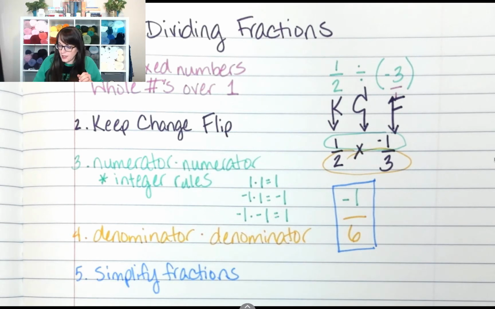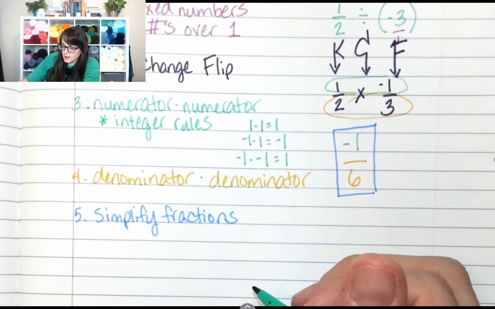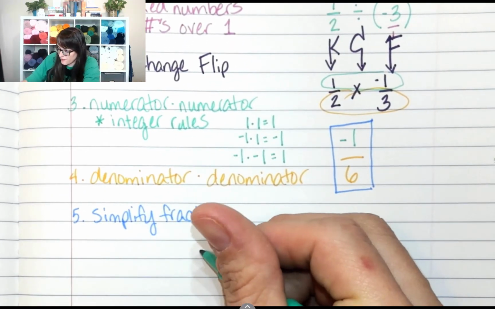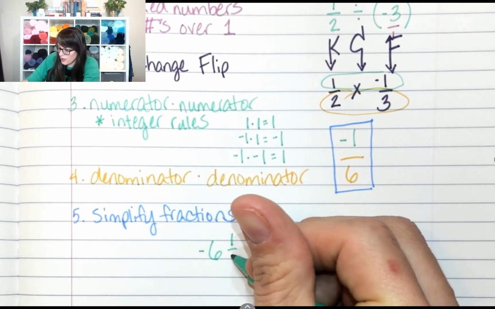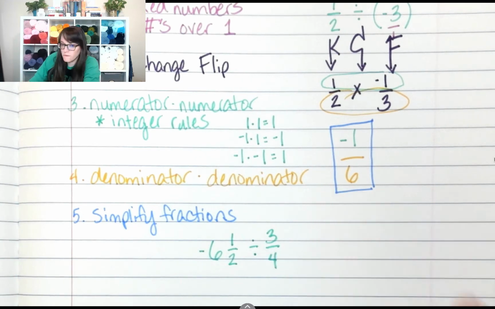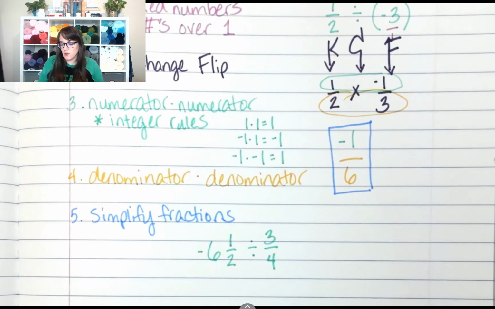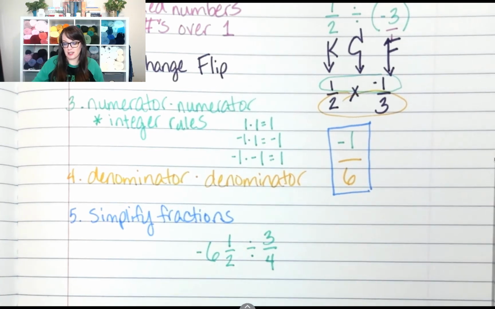All right, here is another example. If I have negative 6 and 1/2 divided by 3/4. Negative 6 and 1/2 divided by 3/4. What's my first step? No mixed numbers. So I need to change this to look like an improper fraction.